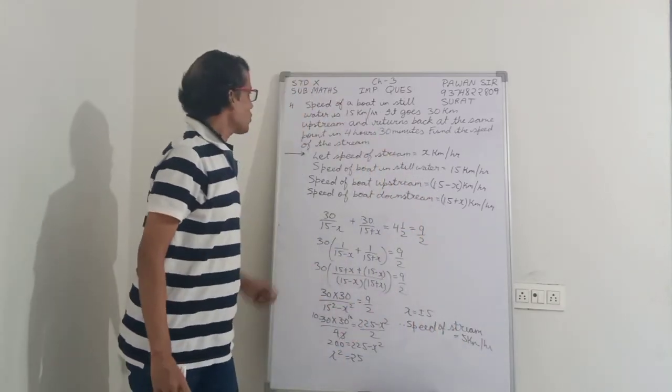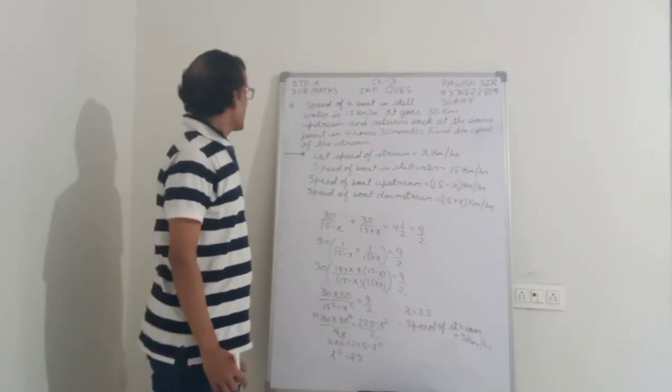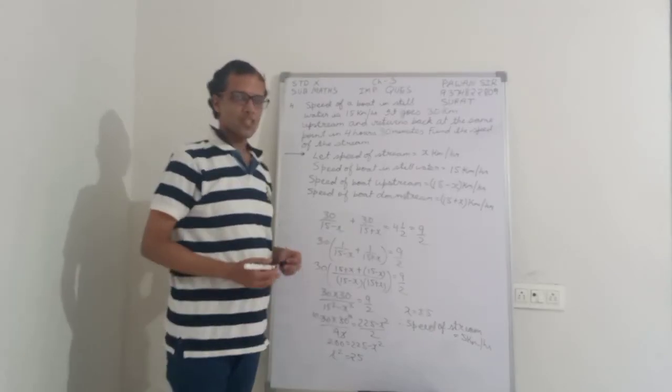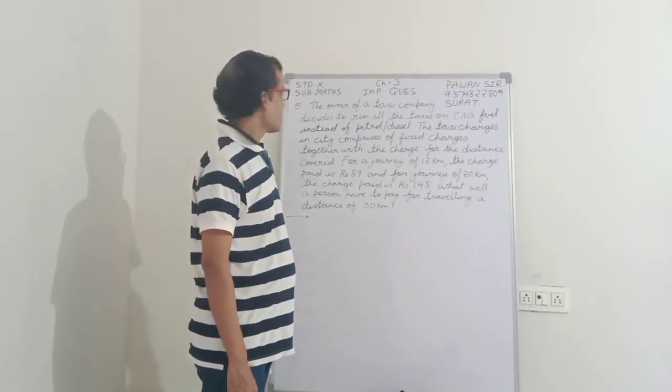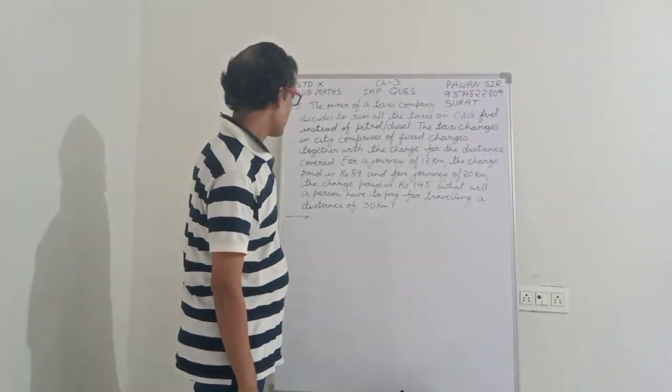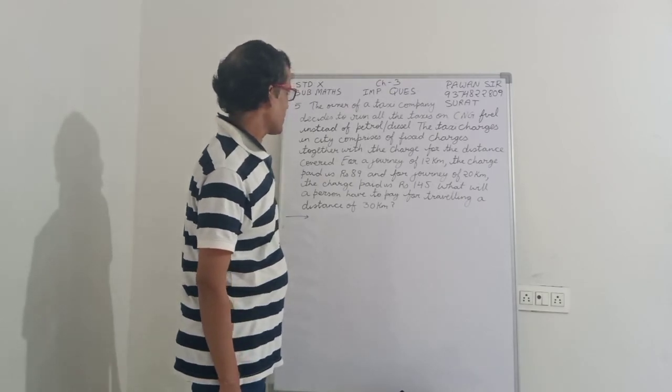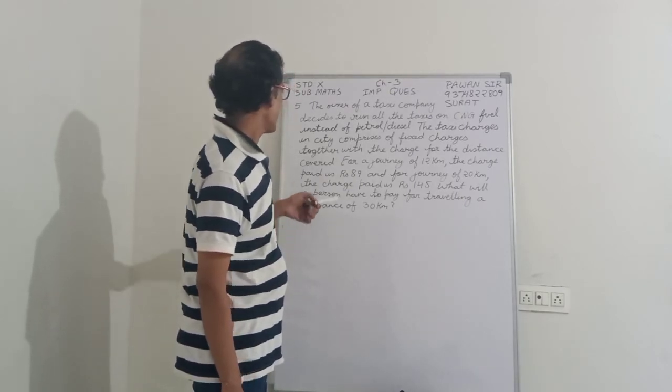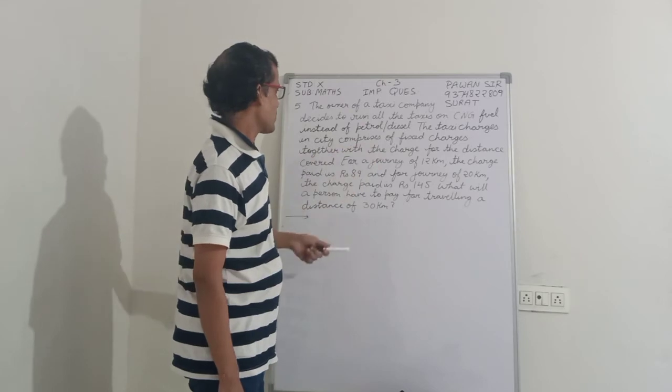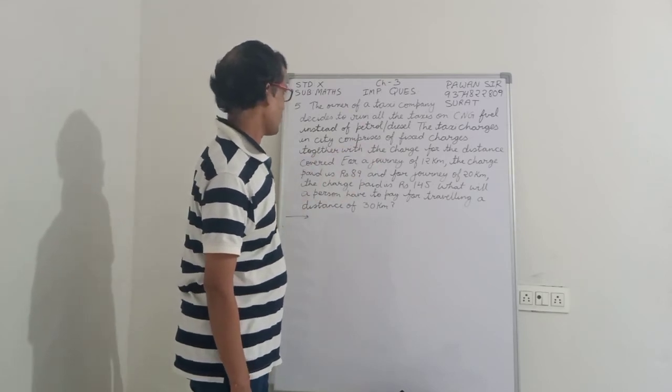So this is how to do this type of sum. This completes our fourth question. In the fifth sum, see there are two types of charge, fixed charge and charge per kilometer.